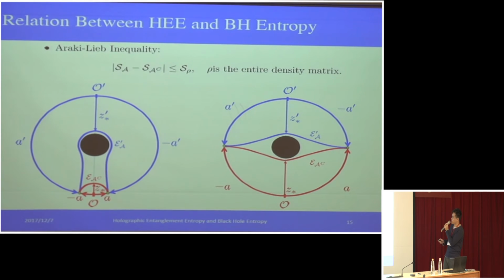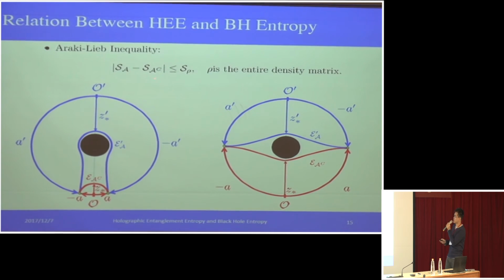After putting the black hole here, we have two different kinds of minimal surface, and we can see this is an interpretation of the Araki-Lieb inequality in quantum information theory.